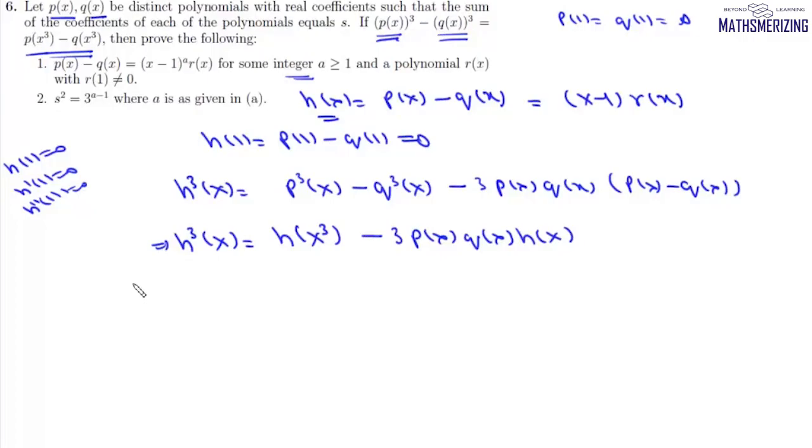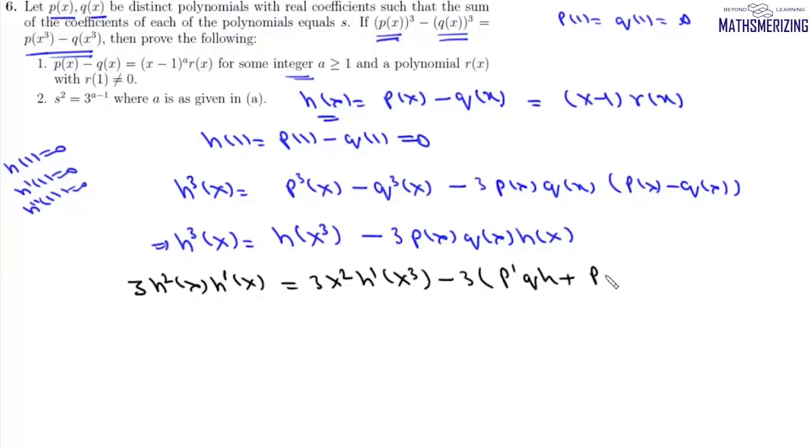Now we differentiate this function, we'll get 3 H square x into H dash x minus 3x square into H dash x cube, and minus 3 will be P dash Q H, P Q dash H, plus P Q into H dash. Now we put x as 1.